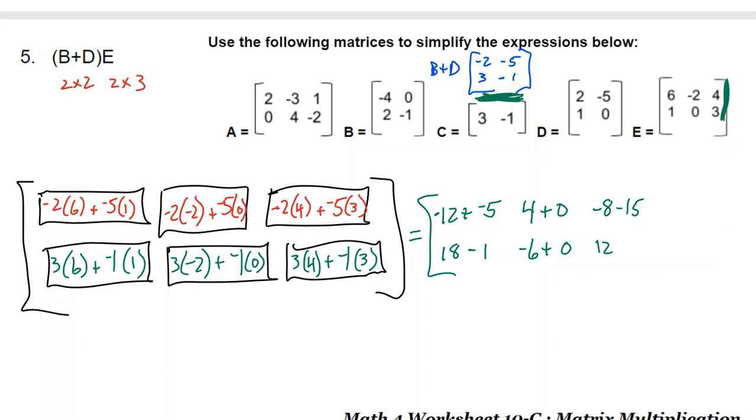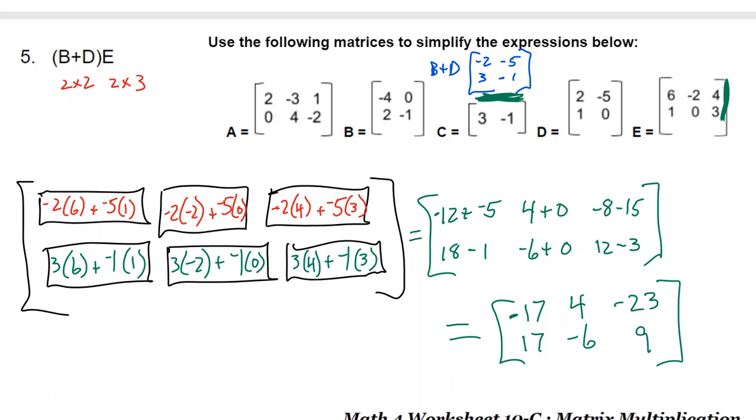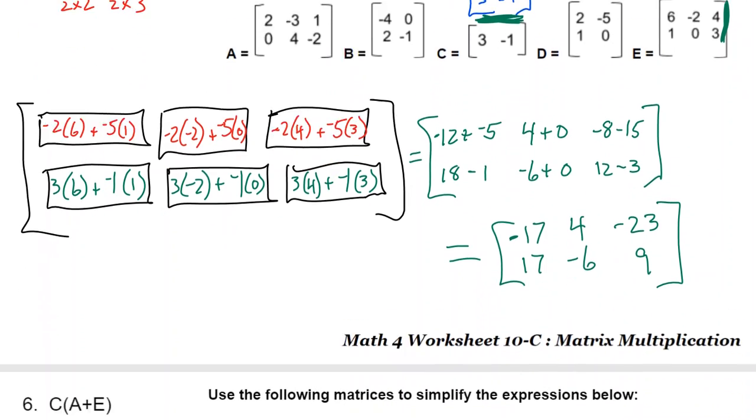Here we get a 12 minus 3. And we wind up with a -17 and a +17 and a 4 and a -6 and a -23 and a 9. Okay.